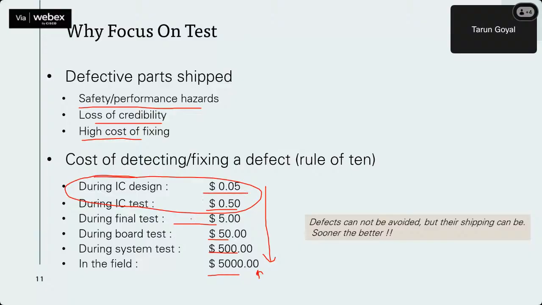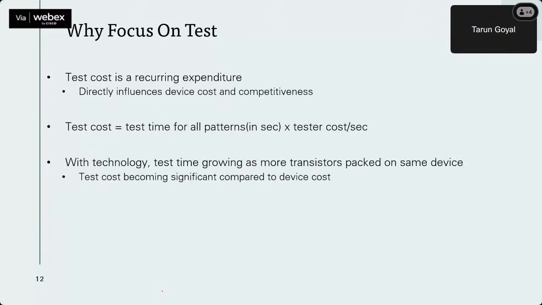And once we are at testing, at manufacturing, if we detect it, it is a very small cost, less than $1 kind of. But once we have done board design and systems and then detect a bad die, the entire system gets thrown away, and it is more costly. So that's the reason we focus on test.